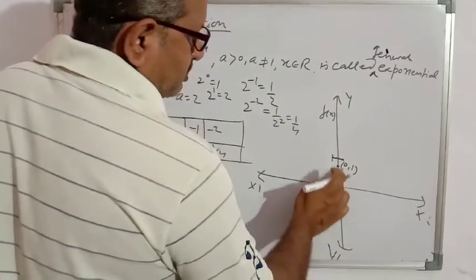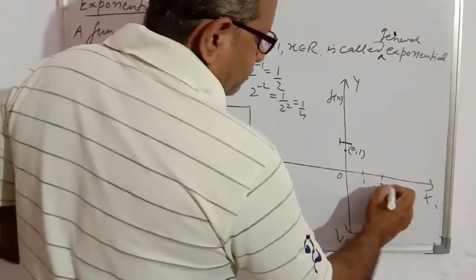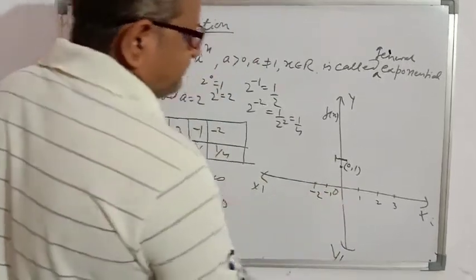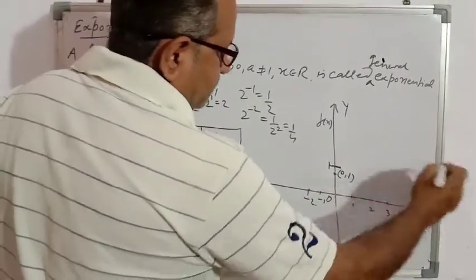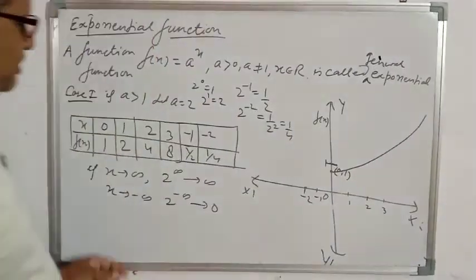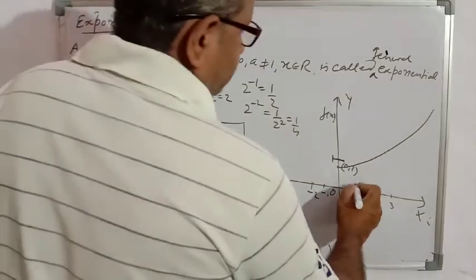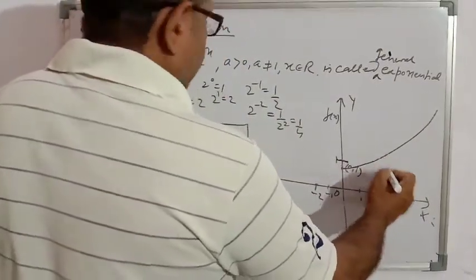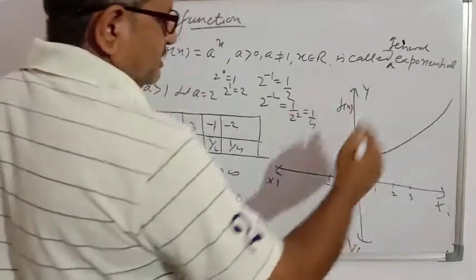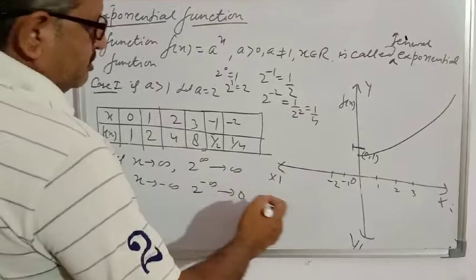Mark 1, 2, 3, minus 1, minus 2. As x increases from 0, its value increases: 0, 1; 1, 2; 2, 4; 3, 8. As x increases from 0, its value increases, and as x decreases, f(x) also decreases.